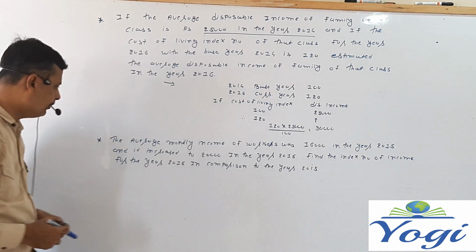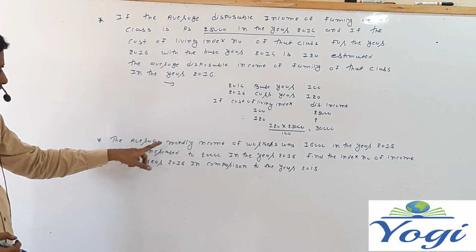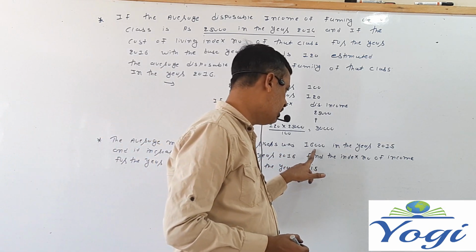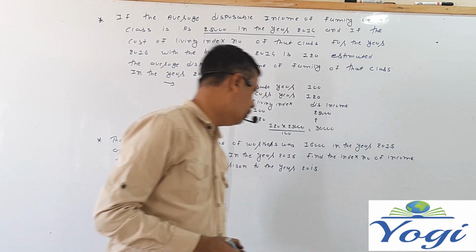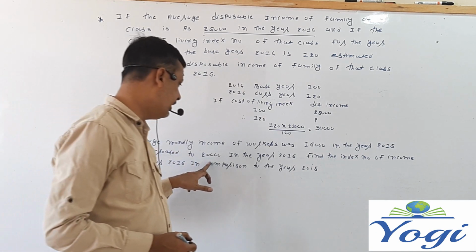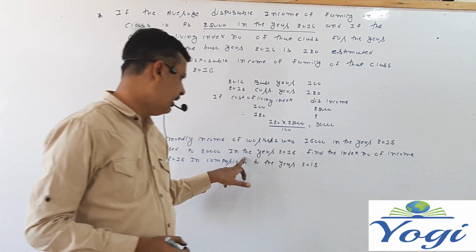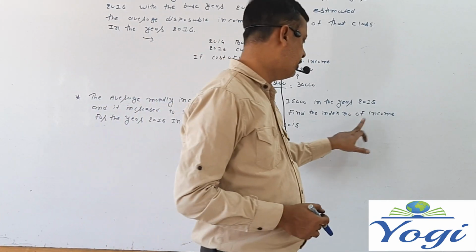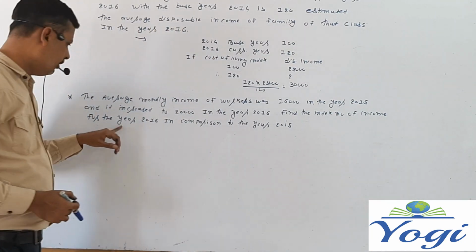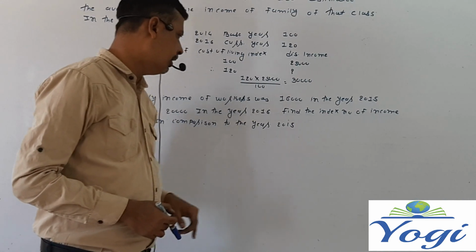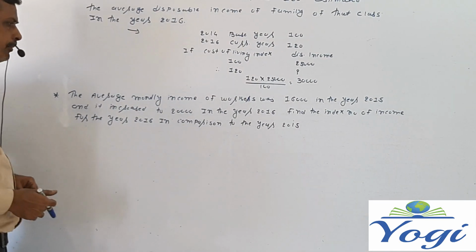In our next example, the average monthly income of workers was 16,000 in the year 2015, increased to 20,000 in the year 2016. Find the index number of income for the year 2016 in comparison to the year 2015.